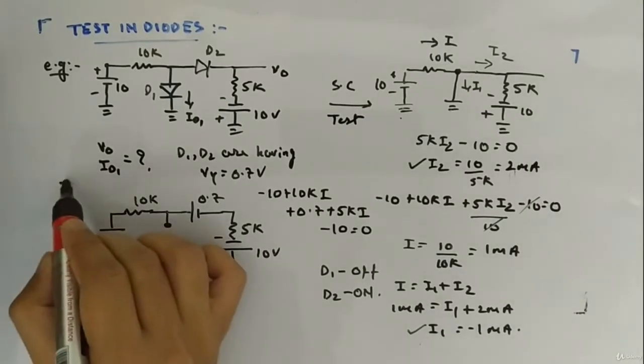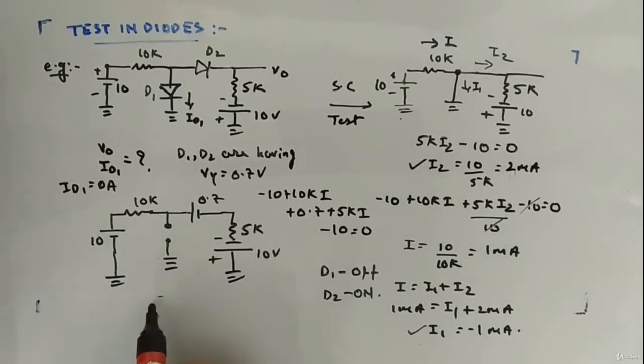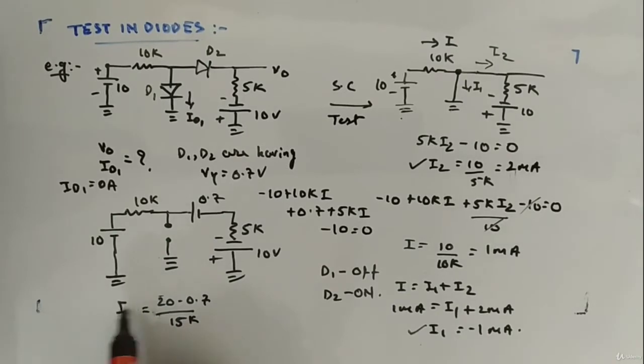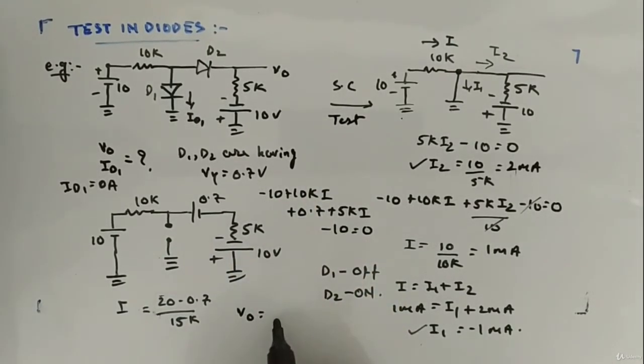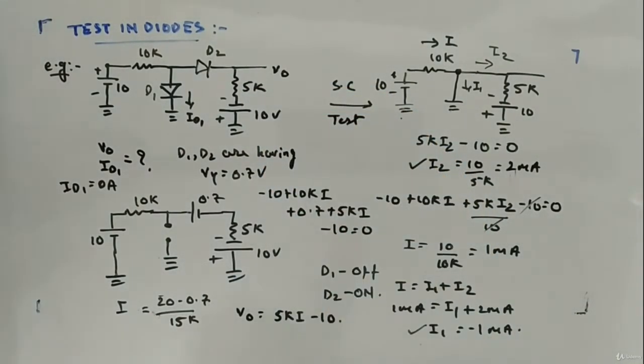So ID1, I will write here, equals 0 amp. If you solve it, 20 minus 0.7 divided by 15k is I, and V naught will be 5k I minus 10, the voltage drop across this and this voltage.